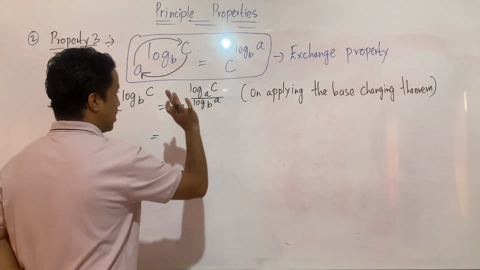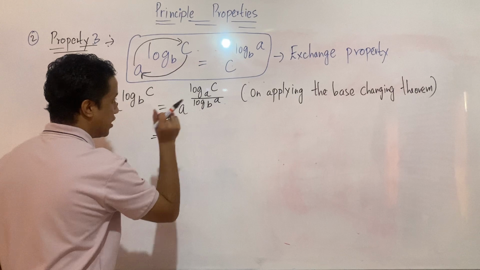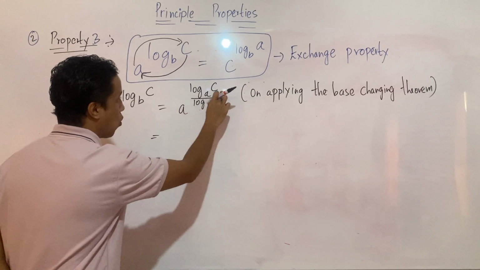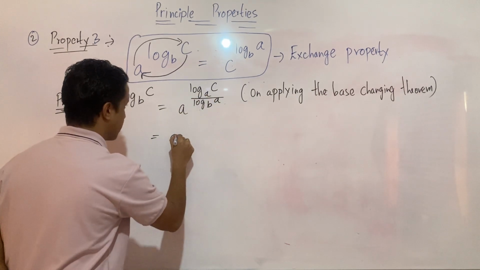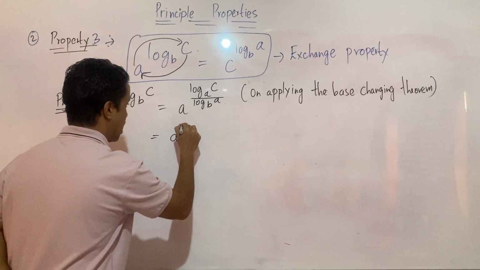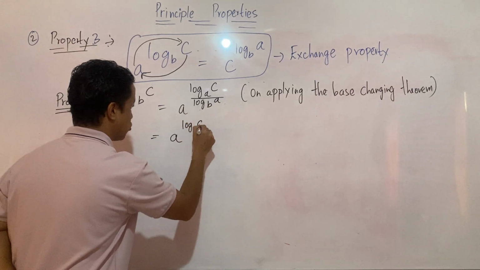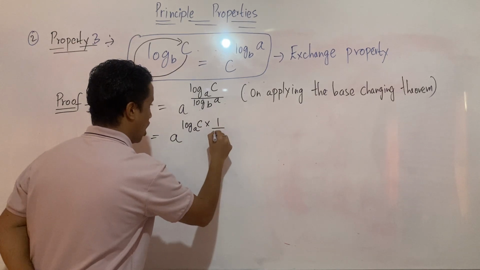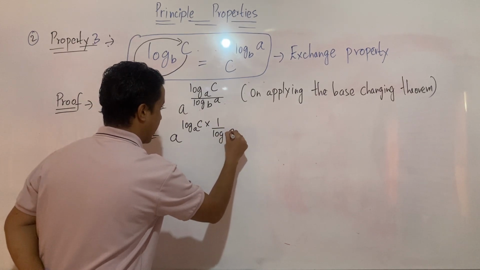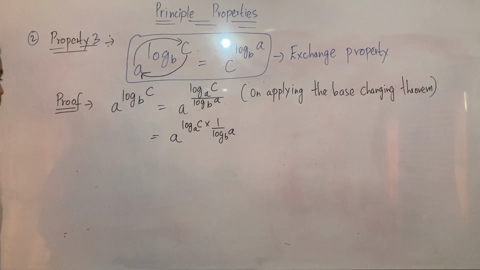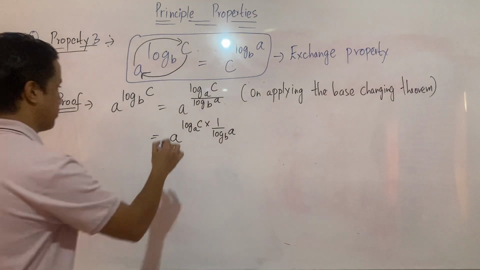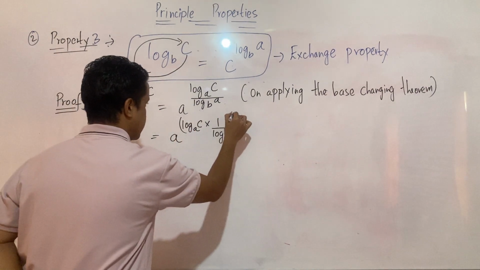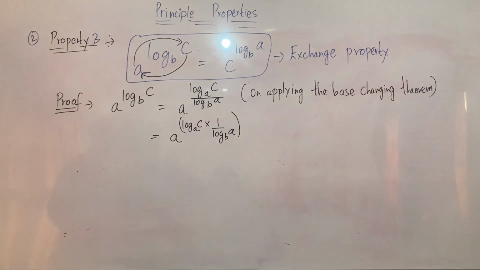Now, this is where you need to be careful. Here, can I write log c to the base a multiplied by 1 over log a to the base b? Yes. Okay, so this thing is raised to the power.